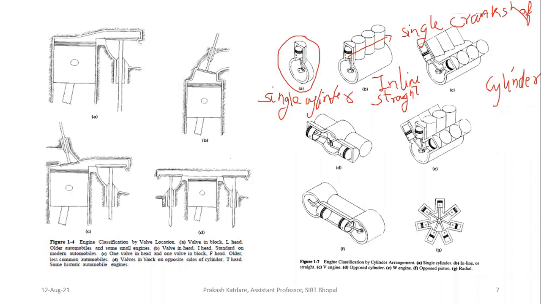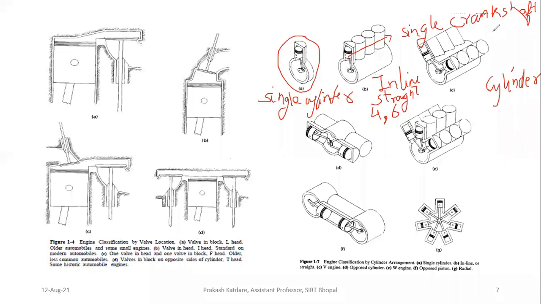If I provide each cylinder a separate crankshaft, then our mechanism will be quite complicated. So for transmission of power we are just using a single crankshaft. In this type, the number of cylinders can be either 4 or 6; 4 or 6 cylinders are very common in this type of IC engine.